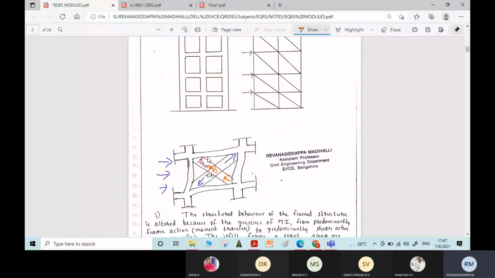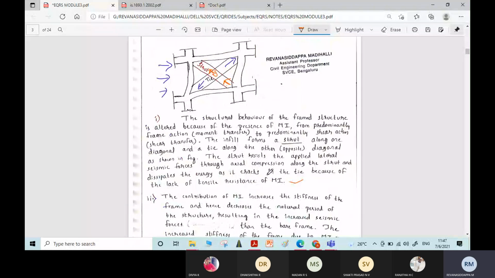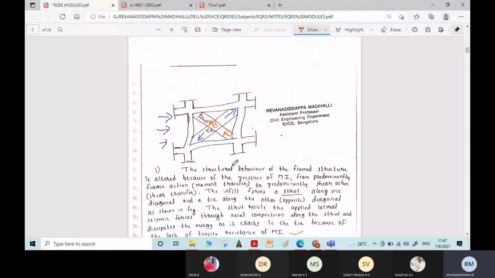In that way, the masonry walls contribute towards resisting lateral loads. So this is one of the points with respect to the behavior of masonry during the earthquake.